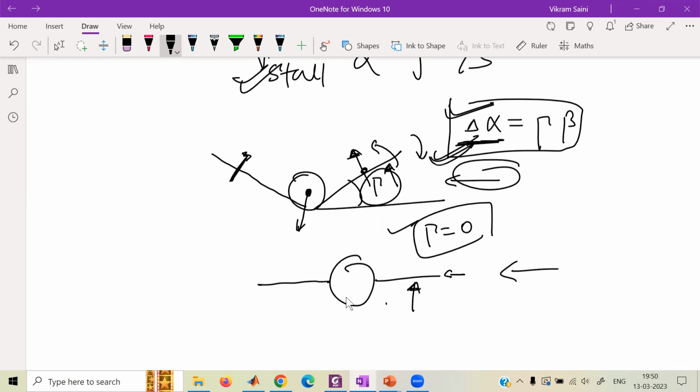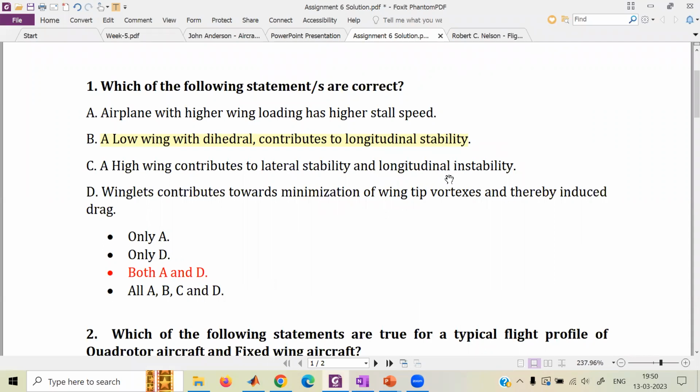Next option: a high wing contributes to lateral stability and longitudinal stability. Well, how is it wrong? Can anyone explain how this is wrong?